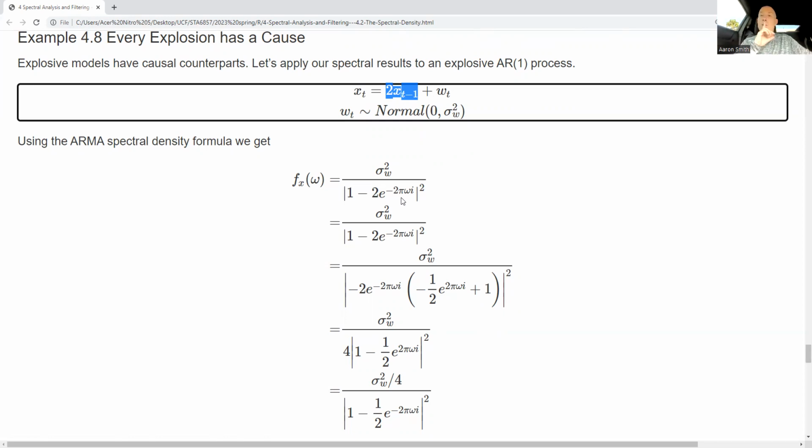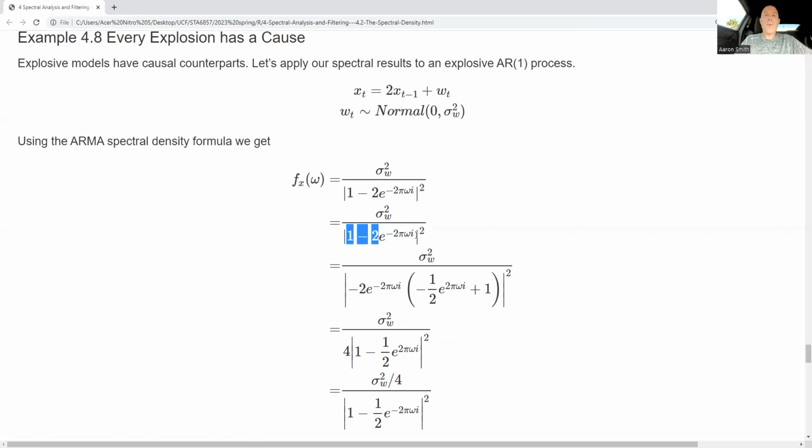Now, I think about it, and I realize that every single polynomial we have in autoregressive moving average, we always have a 1 for a constant. So I'm going to look at this, and I want to factor this in a manner that's going to set it up so that I have a new 1 inside the modulus, the absolute values.